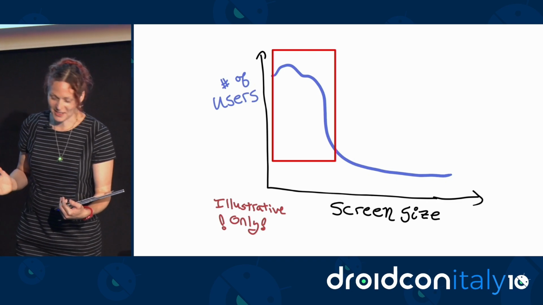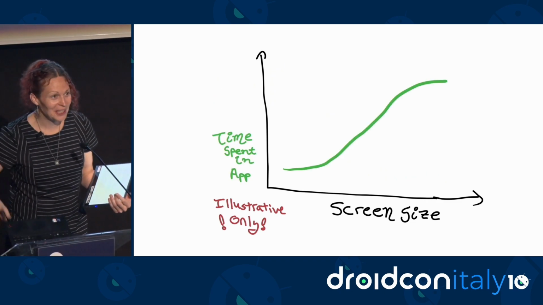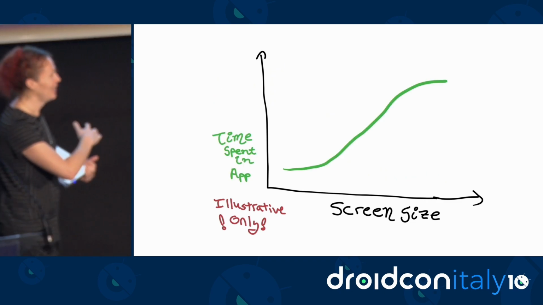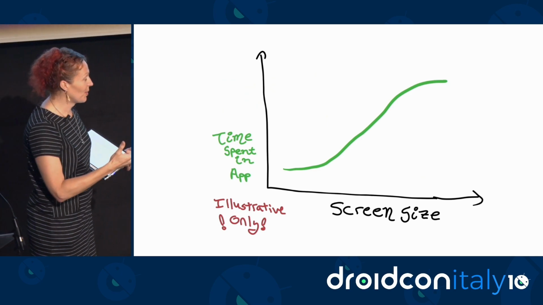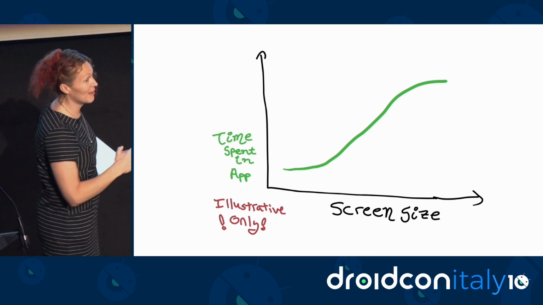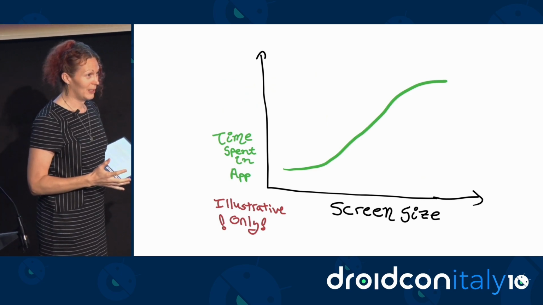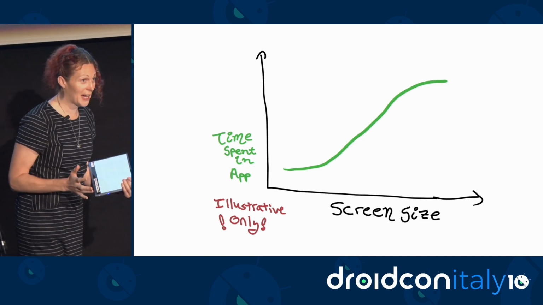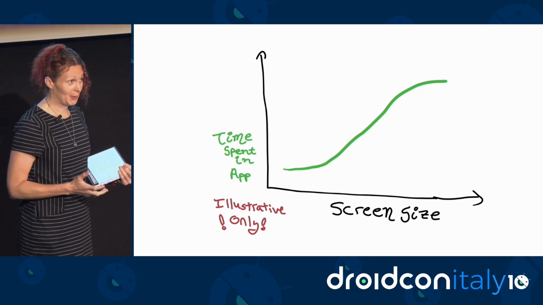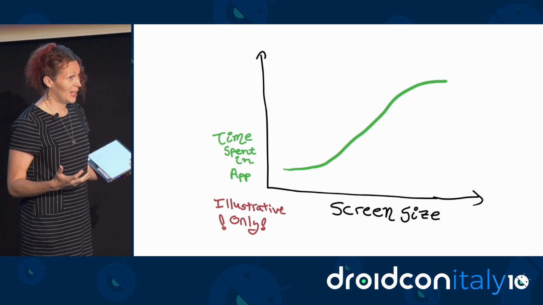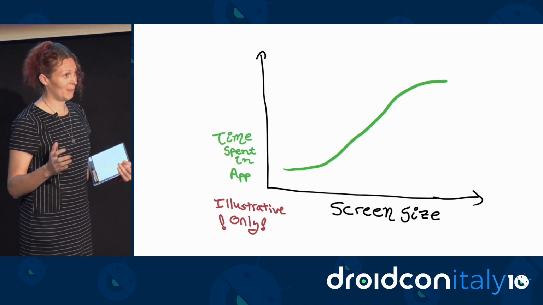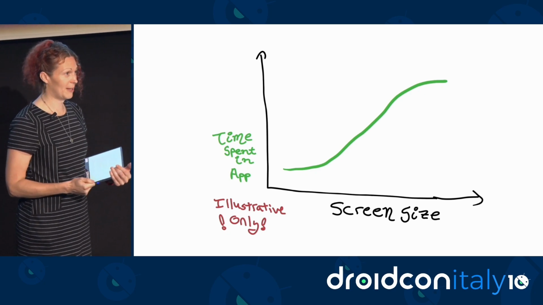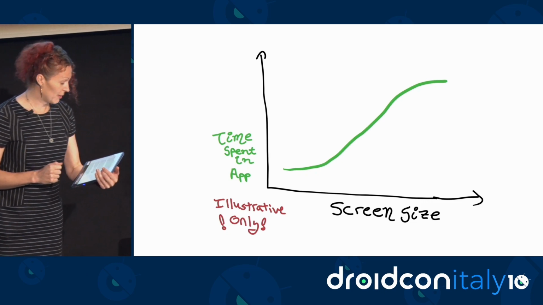That makes perfect sense. But I'm going to challenge you a little bit and say, what if the usage from your users looked like this? So actual time spent in the app. This makes a lot of sense, for example, with drawing apps or games. For example, on some of the apps we've worked with, users are spending way more time when they've got a Chromebook in front of them or a tablet, or even a foldable.